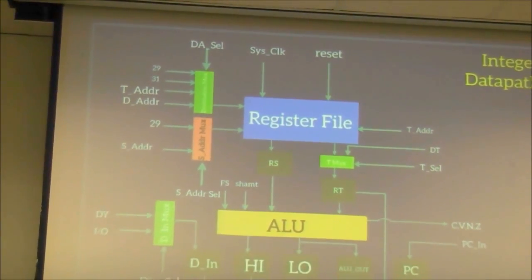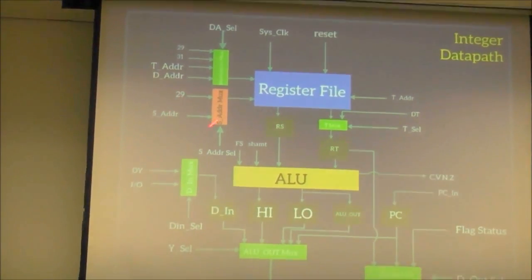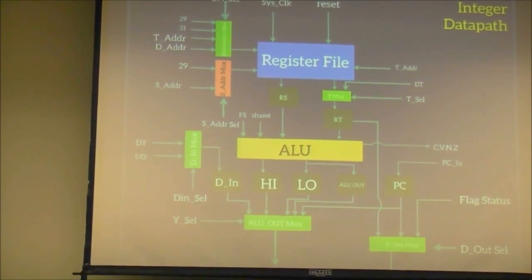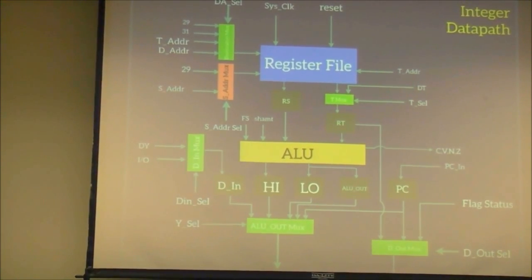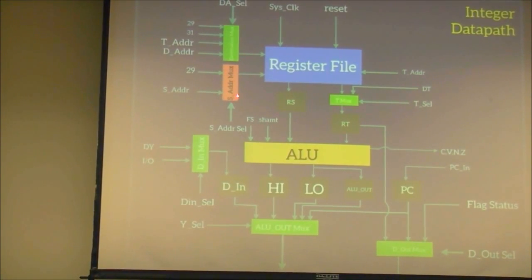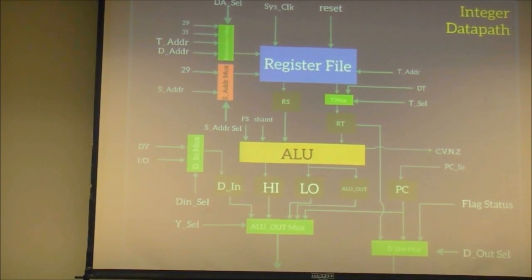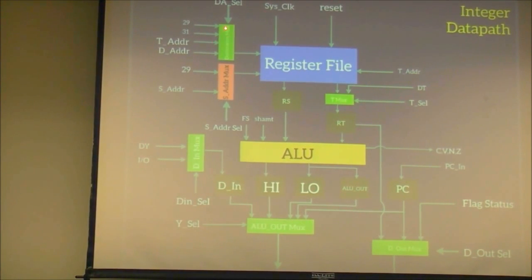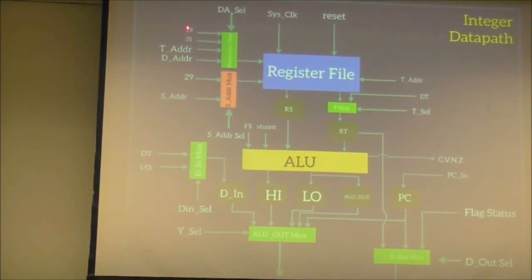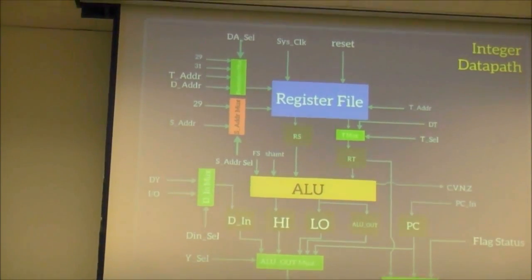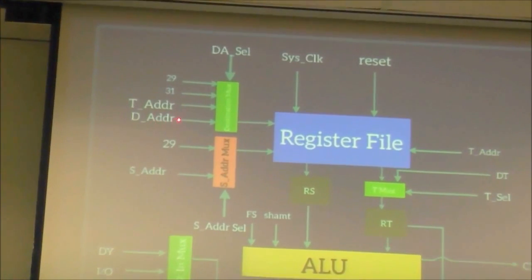We decided for the S address to have the value of the register as one of the constant values to be selected from the S address mux. Here our destination address, no modifications were performed on it. It still points to the stack pointer, to the return address, the T address, and the D address.